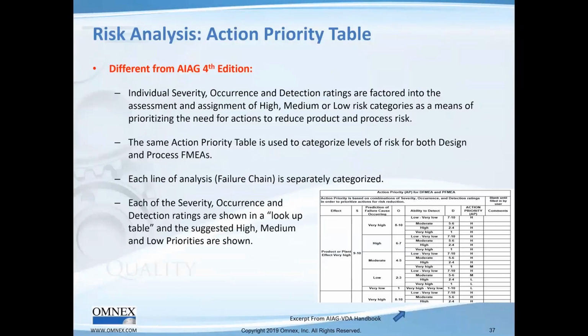And there's a combination for every different level. You get an AP rating, which helps you identify what's high, what's medium, what's low. Okay, so you have the severity, occurrence, detection combination that you can look up as a team.